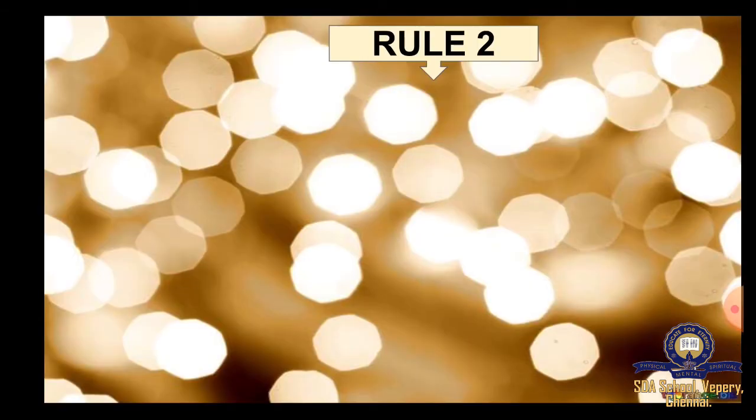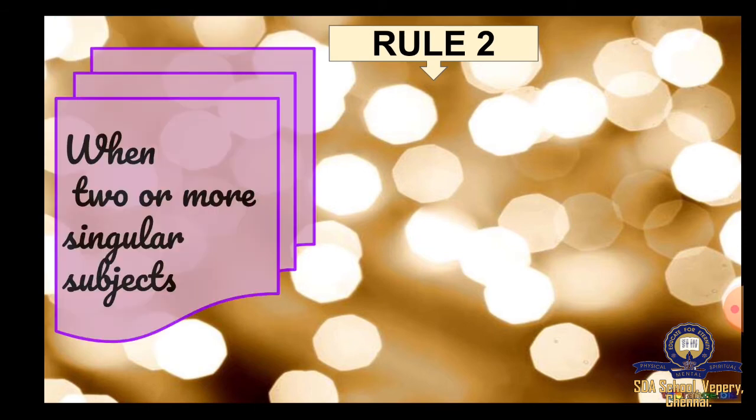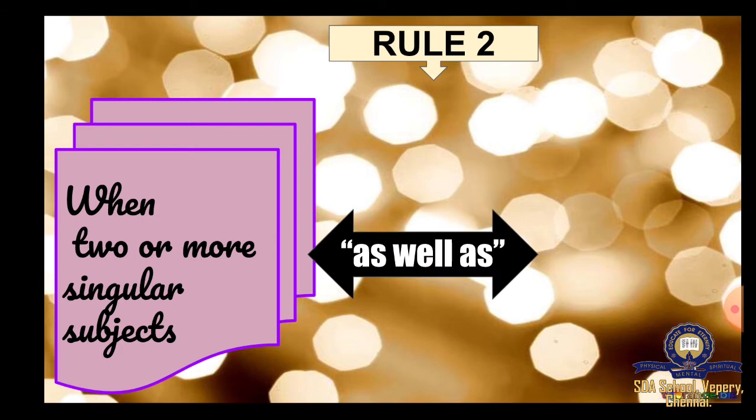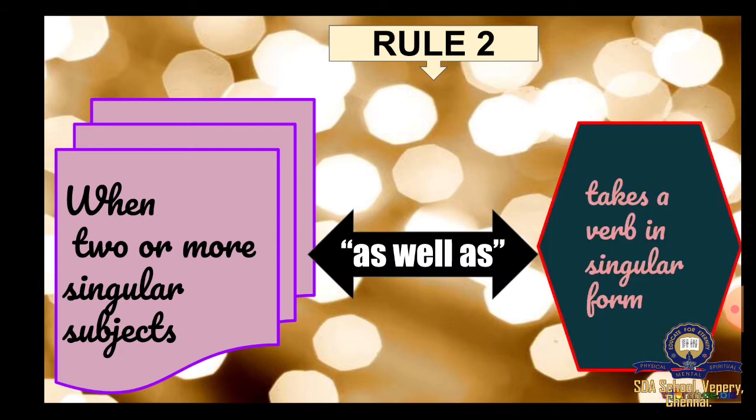So let's move on to the second rule. When two or more singular subjects are connected by as well as, it takes a verb in the singular form. So when there are two or even more singular subjects, the verb is also in the singular form.